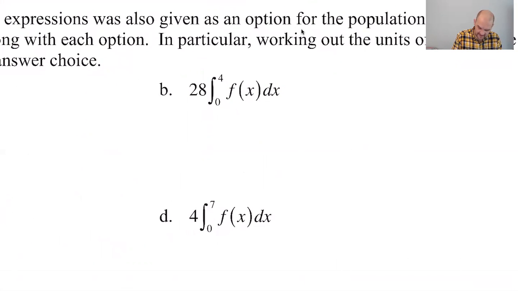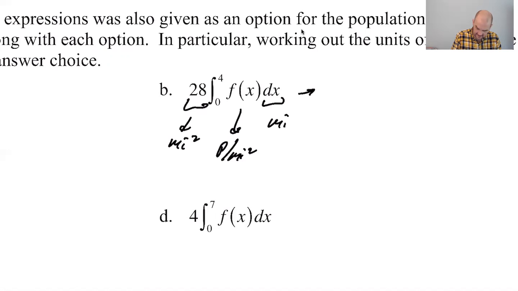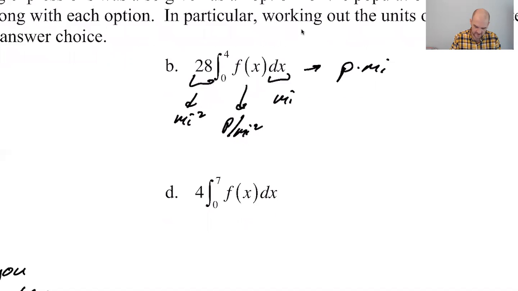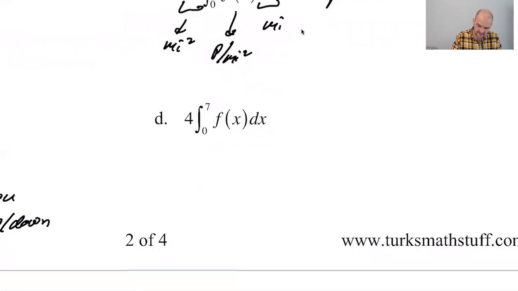So the 28 here would be 7 times 4, which is in miles squared. This is in miles, and this is in people per mile squared. So the end result of this is people miles. You have one too many miles going on there. This is the totally wrong interpretation. So the units work out, right?